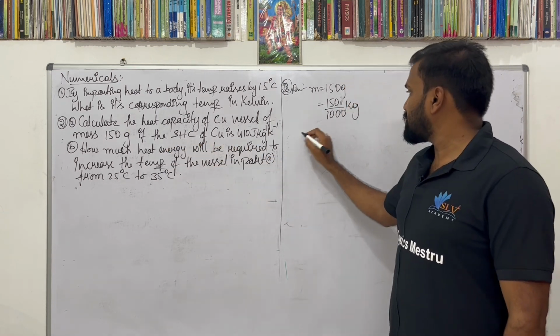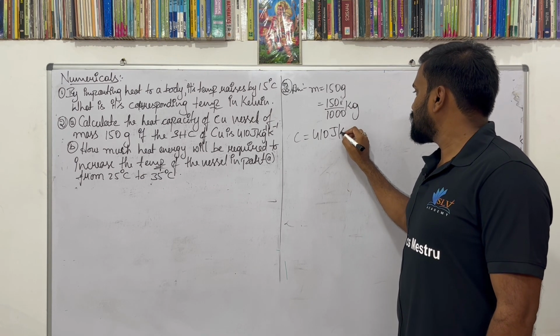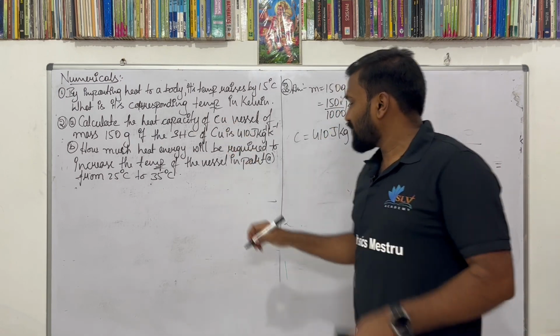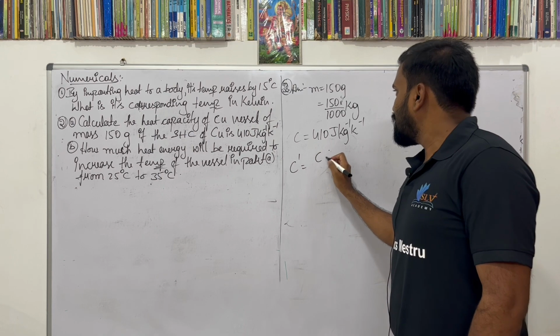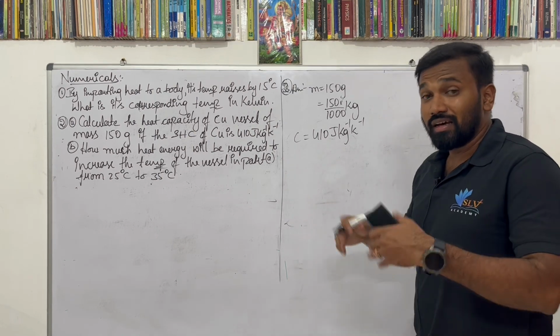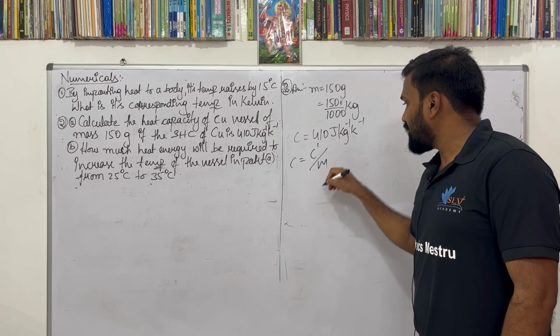Okay, and the specific heat capacity they have given, C is equal to 410 joules per kg Kelvin. So we have to calculate heat capacity. Therefore heat capacity C dash is equal to, okay, we have the relation that specific heat capacity is equal to heat capacity divided by mass.